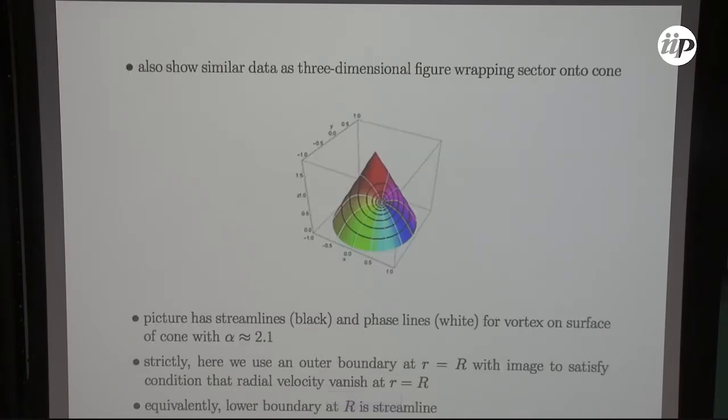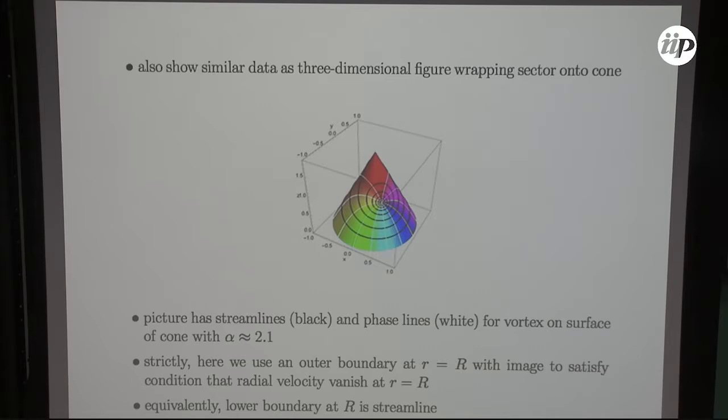And here we've wrapped it around to make a three-dimensional cone with a vortex on it. And here we actually put an outer boundary so that there's no velocity across the boundary, and this lower circle is a streamline. But that's just added stuff. It doesn't change the physics. But it's nice that you can make these pretty drawings of what a vortex looks like.